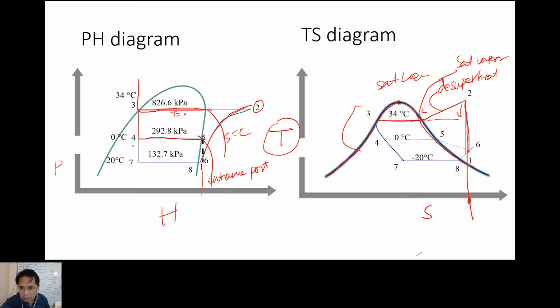Yan. Ito rin, no? So, constant temperature. Tapos, ito sa vapor. Ito sa superheat na, yung 1. Tapos, yung 6. No? So, may tatlong superheat. Yung 8 ay saturated vapor.